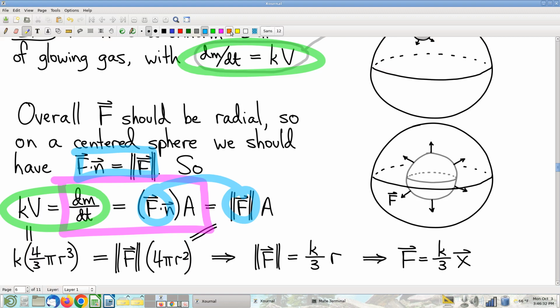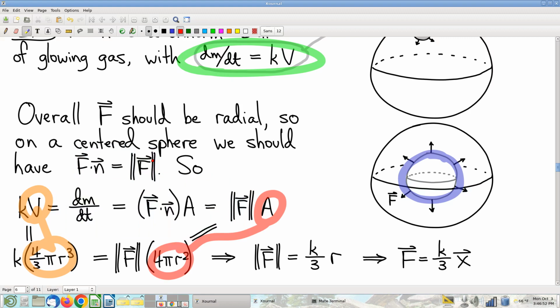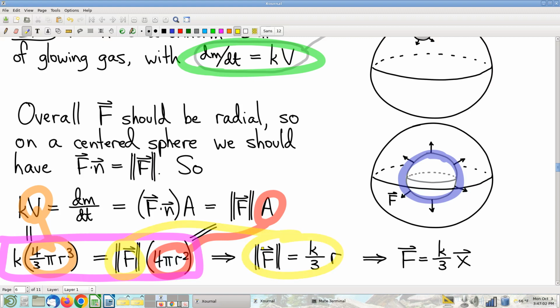Let's not forget that volume is 4/3 pi r cubed, keeping in mind we're talking about this sphere here, and area is 4 pi r squared. So our original purple equation becomes this equation, in which you can solve for the magnitude of F. It's just a little bit of quickie algebra there.